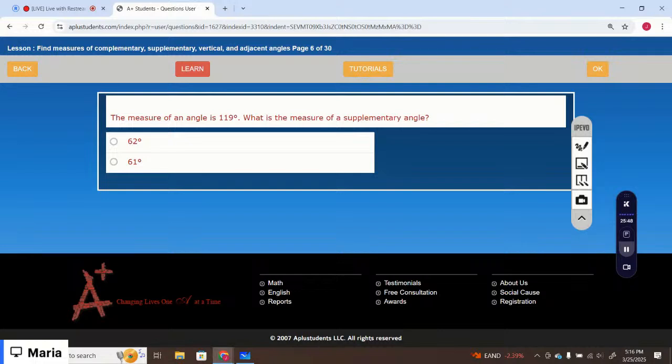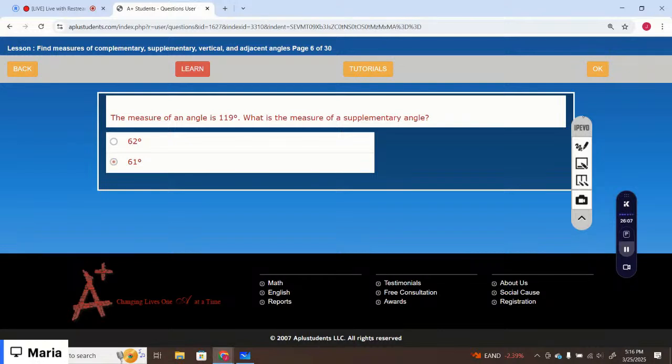The measure of an angle is 119 degrees. What is the measure of a supplementary angle? That is 61 degrees.